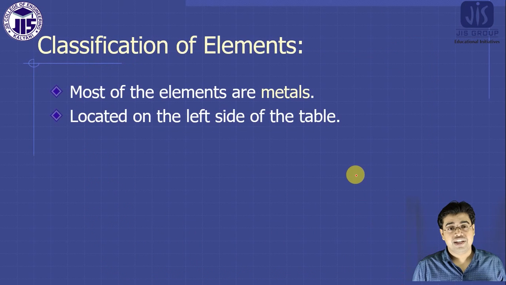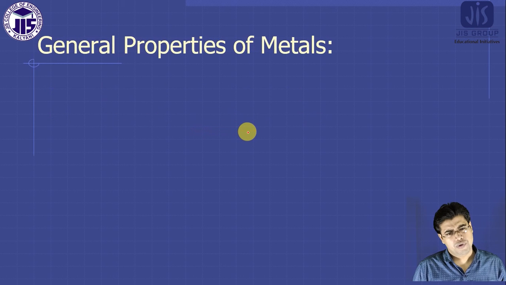Okay, so classification of the elements: what I just told you is that there are 3 types of elements, mainly metals, non-metals, and metalloids. If you think about the metals, on the left hand side, group 1, 2, like that, they are located at the left side of the table, and they are actually called metals. There are some properties of the metals.